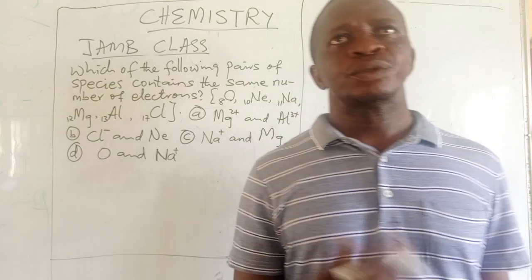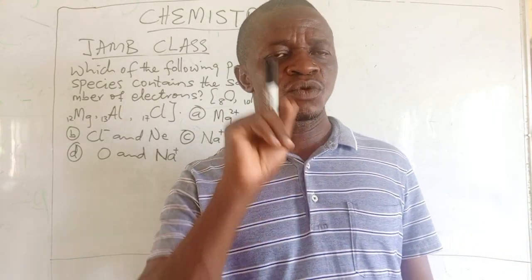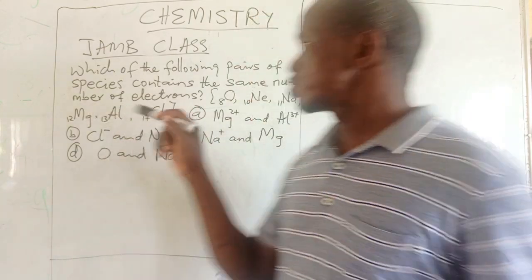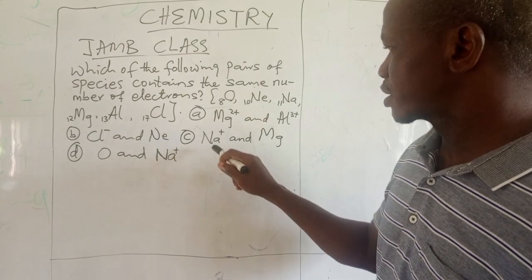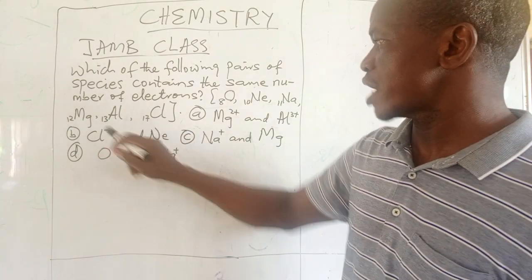Remember I told you that all elements that do not have a charge, no plus, no minus, like in this case this one has plus, and in this case this one has minus.